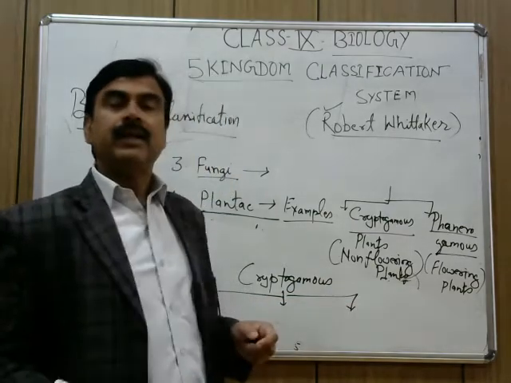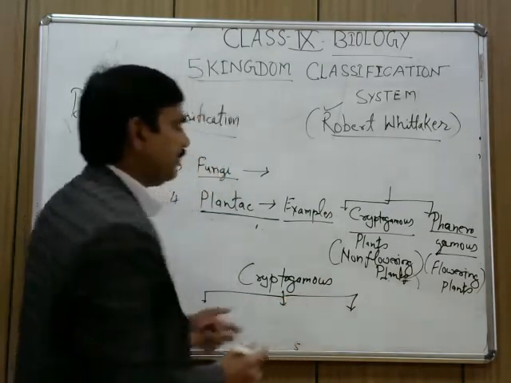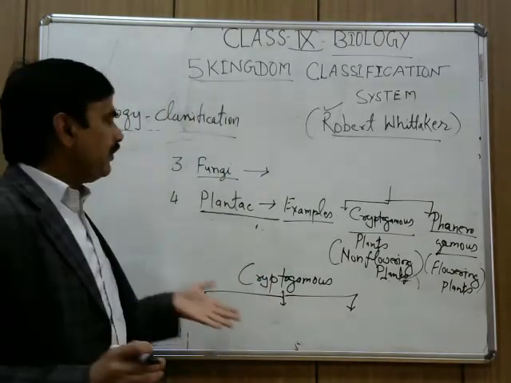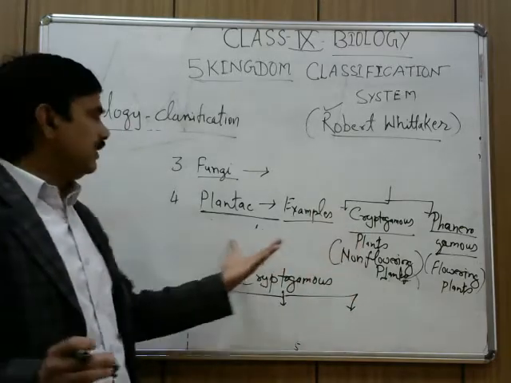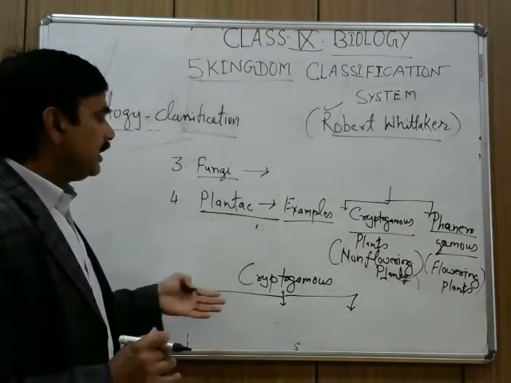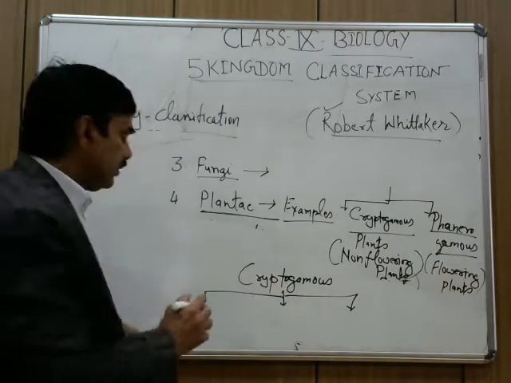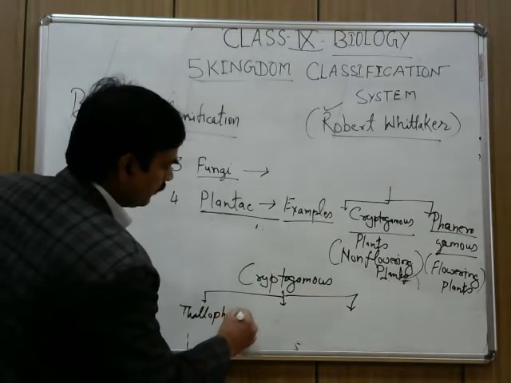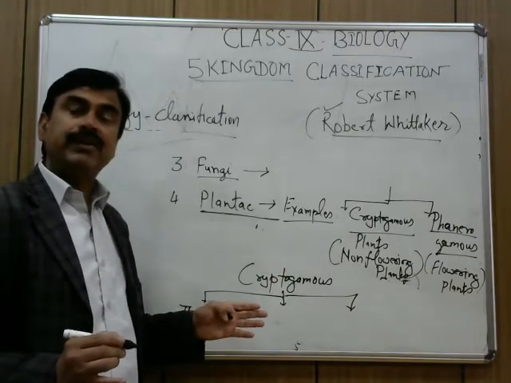For the beginning it is sufficient that you remember the 5 kingdom names and the examples, but if you are going for the further division of the plant kingdom, the cryptogamous is again divided into Thallophyta. What is the meaning of phyta?